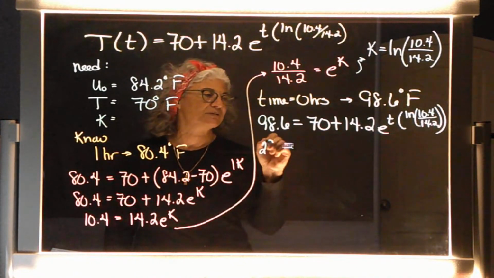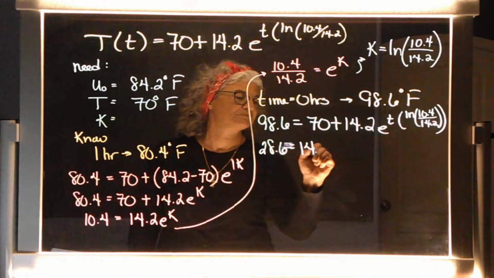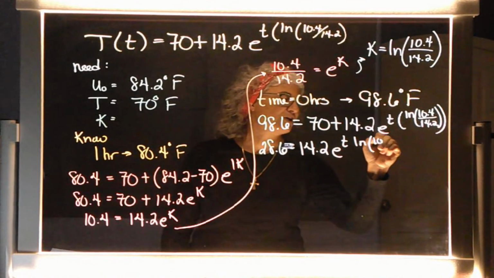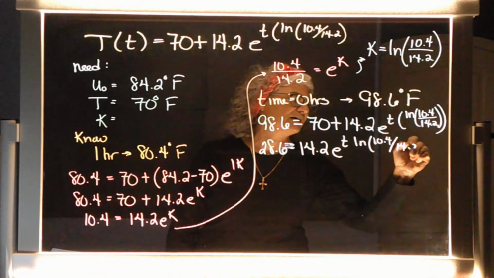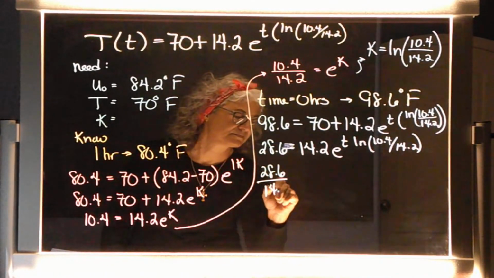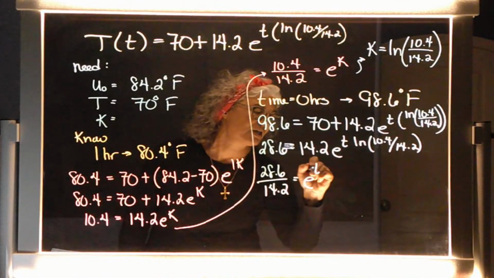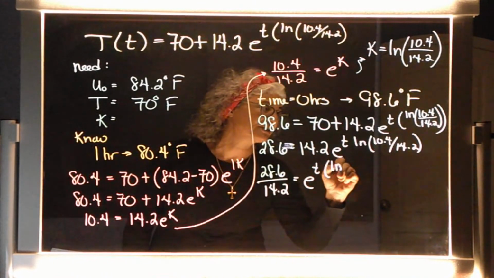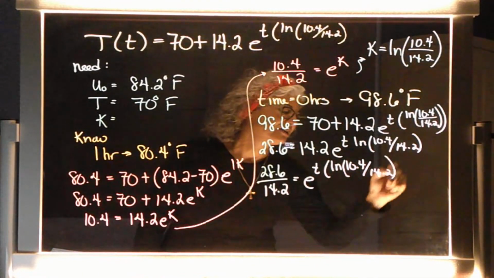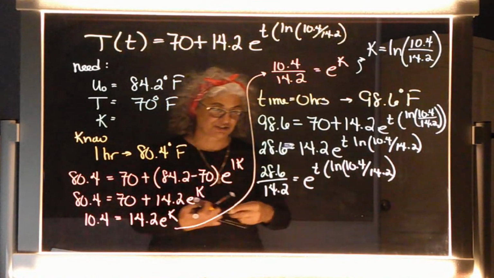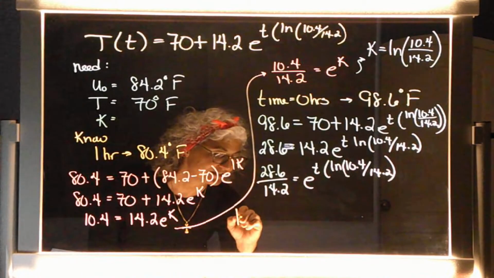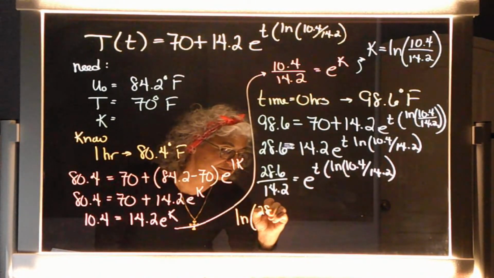Minusing that 70 on both sides, right? You're going to have to divide both sides by the 14.2. Agreed? And you know as well as I do, to get rid of that e, you're going to have to take the natural log of both sides, aren't you? Okay, so I'm going to take the natural log of this lovely fraction.